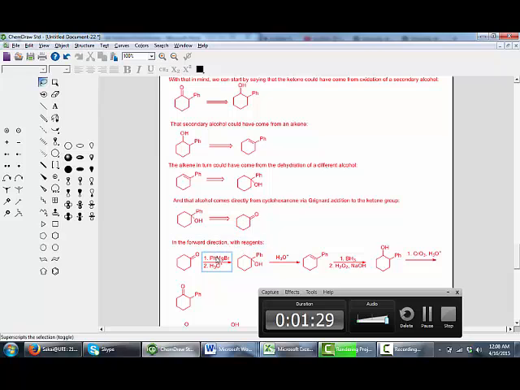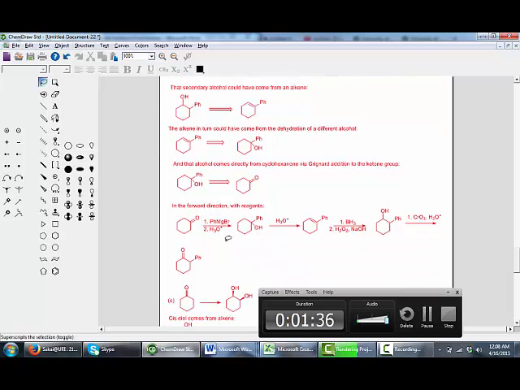So let's try to do this in the forward direction. If I take cyclohexanone, I know I can add a benzene ring by using Grignard addition, so phenyl magnesium bromide followed by H3O+. I can dehydrate this to give me an alkene, and this is a way, again, to sort of translate the functionality that starts at this carbon into something where I can functionalize over here.